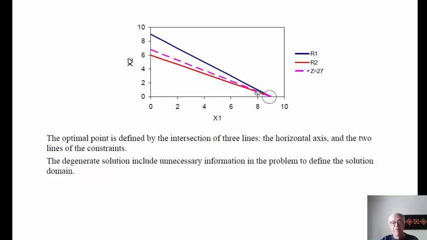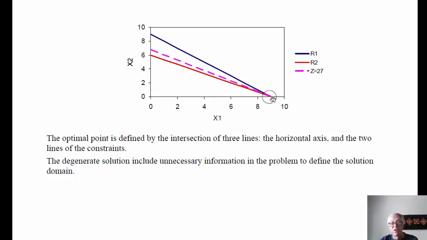Through this picture we can identify why we have degenerate solutions, at least in 2 dimensions. We see that this is the optimal point, the point x1 equal to 9. We are working in 2 dimensions, but here we have a point that belongs to the solution domain, the point x1 equal to 9, which is defined by 3 lines: the horizontal axis and the 2 restrictions.